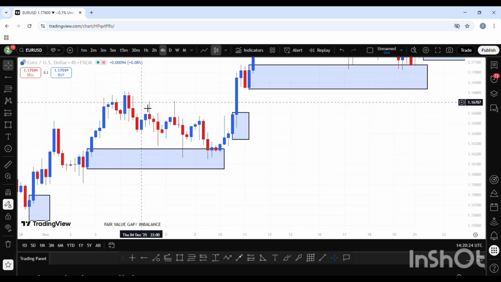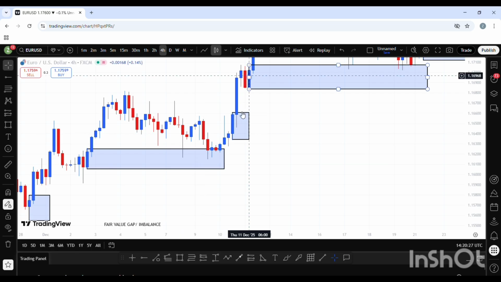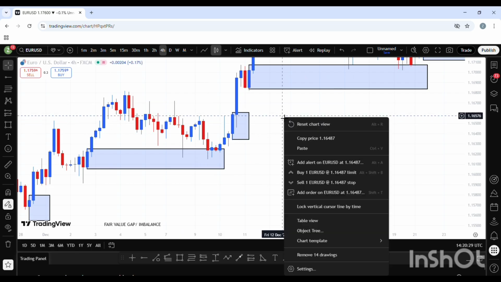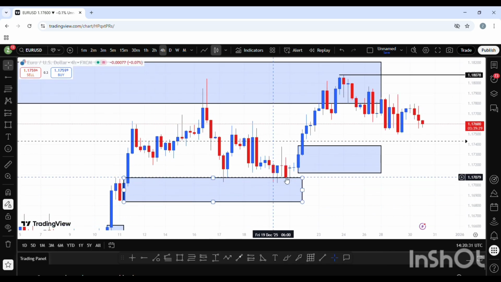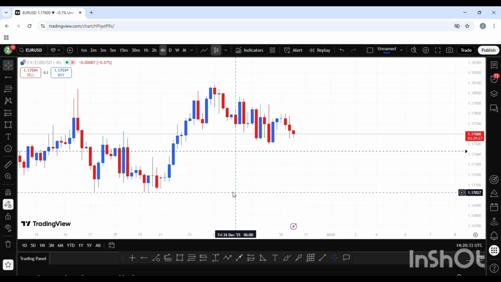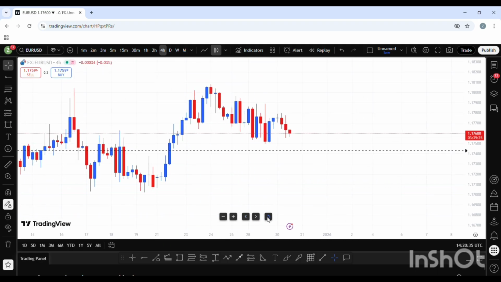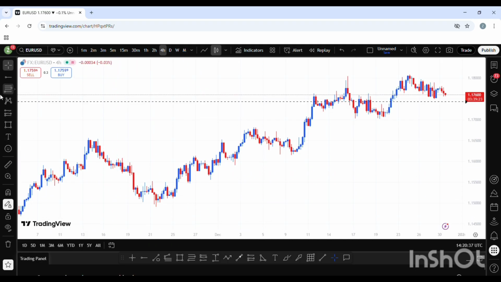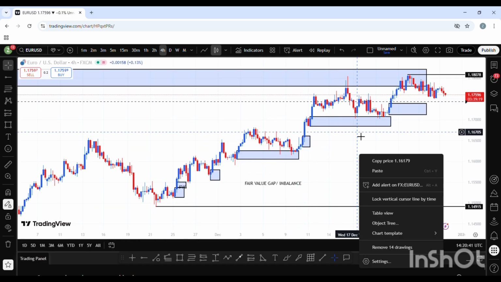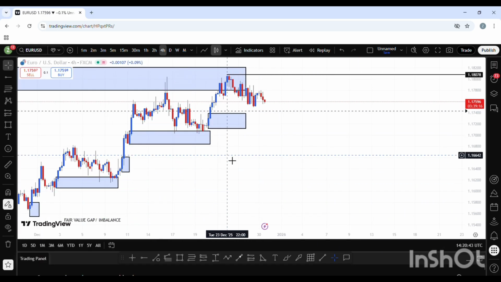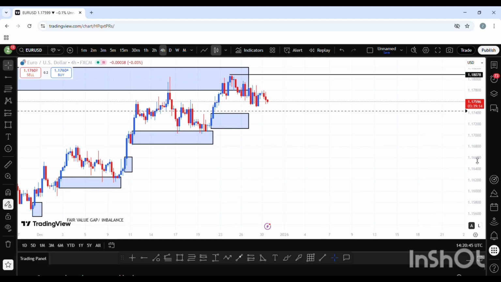As you can see, the price has been tapping the order blocks and pushing up. Right here the market did not come back, but here at least the market tapped. I hope you can see what we're having.